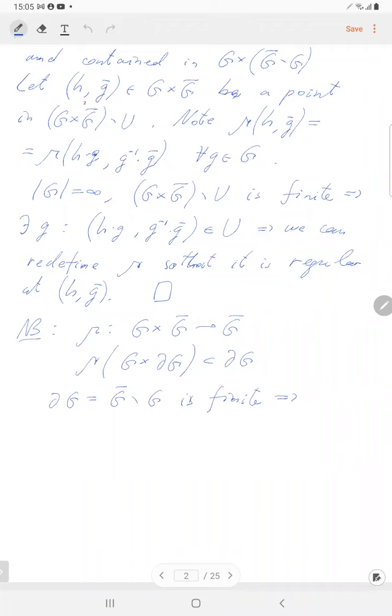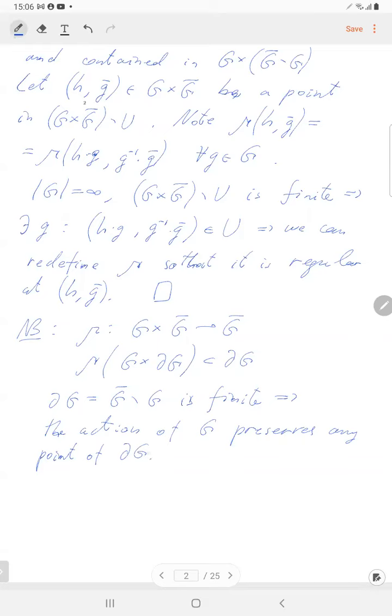So the boundary is finite, the group is connected, so it means that the action of G preserves any point of the boundary. That preserves it pointwise.